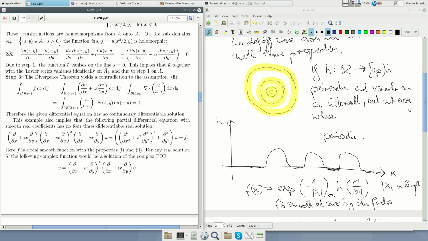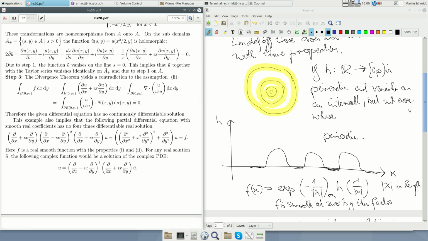This we can write as the divergence of this expression. So by the divergence theorem, it should be the integral of this scalar product times the outer normal, which is 0. So this is not 0, but this is 0. This we just get as a conclusion.